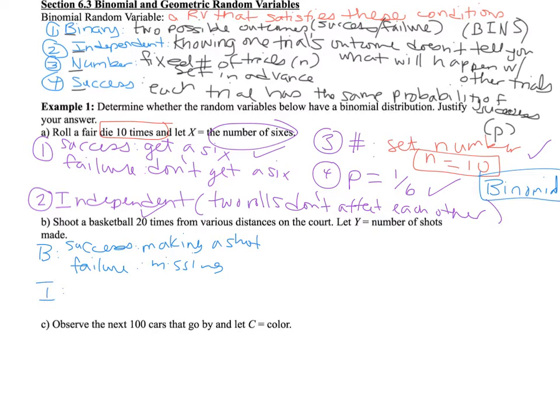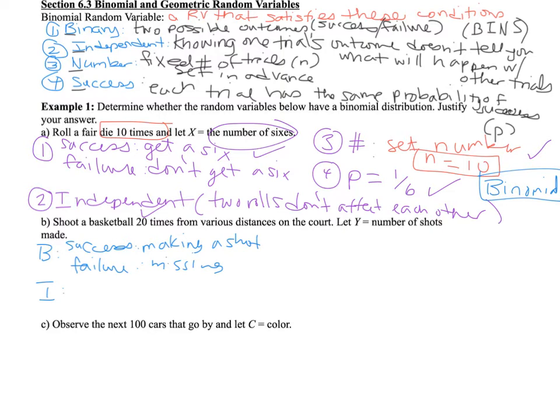And independent is sometimes tricky in a situation like this. But in this case, we're going to assume that the person that's shooting isn't going to get flustered by missing one, and that's not going to cause them to miss more in the future. So we're going to assume that they're independent.